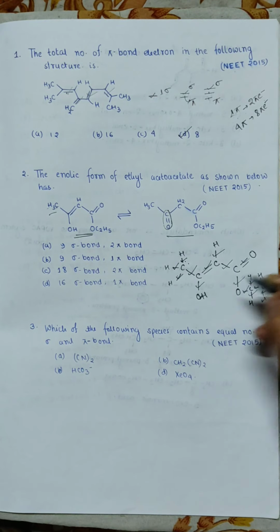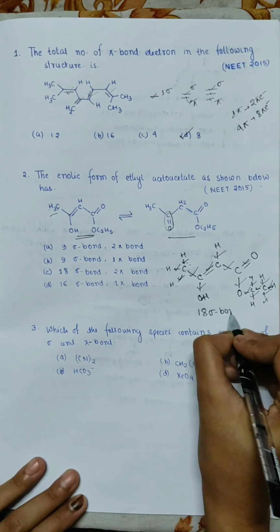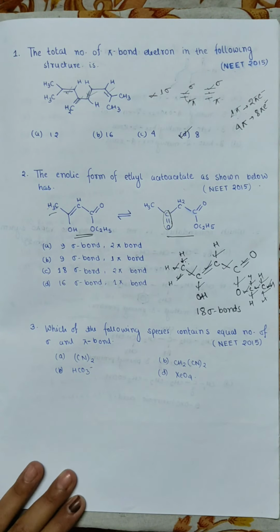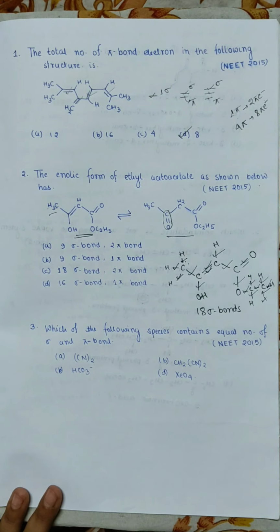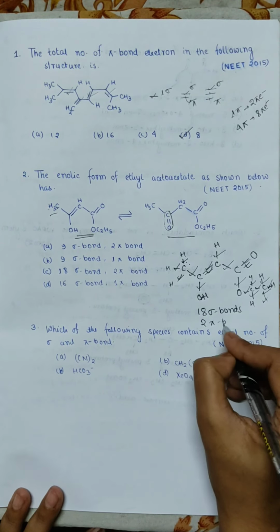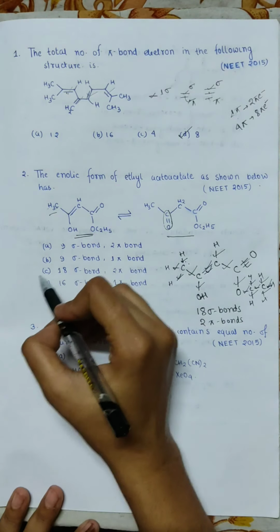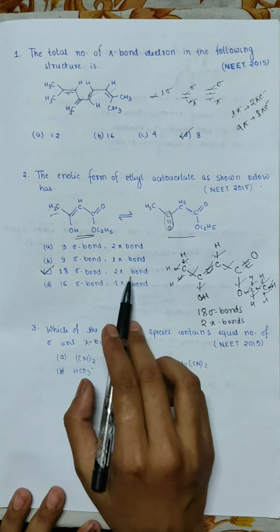So this one is 18. So here is total 18 sigma bonds. Now we have to find out how many pi bonds are there. So first there is one pi bond and another pi bond. So here is 2 pi bonds. So the correct option is option C, which says 18 sigma bonds and 2 pi bonds.